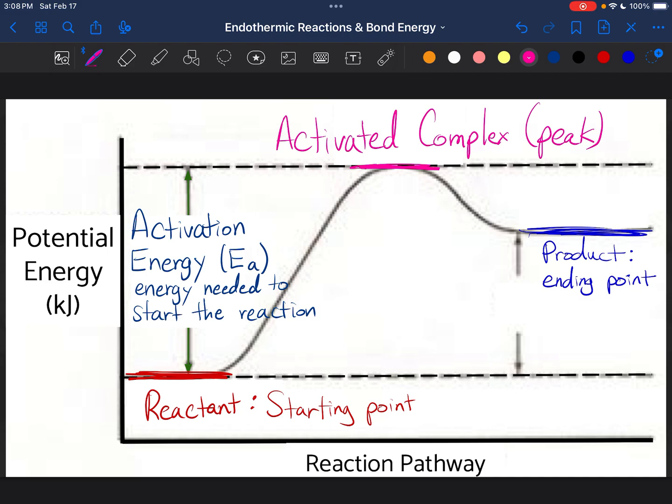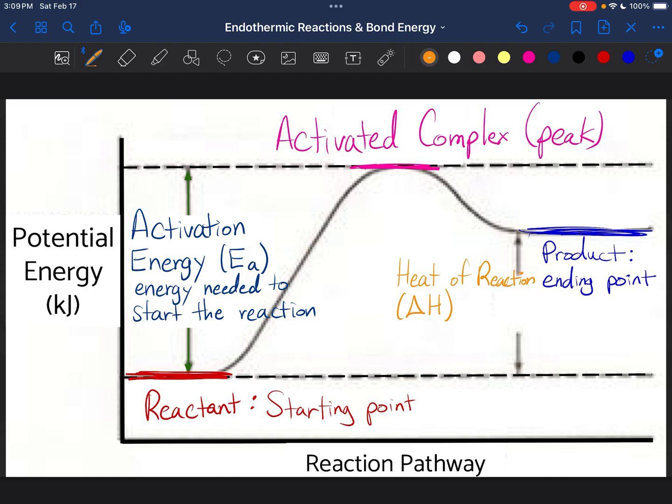Now, one last thing is the part where we have the distance between the product and the reactant. We call this part the heat of reaction, or what I mentioned in the summary, delta H. This is the part where we can figure out whether we have enough heat being produced or not.